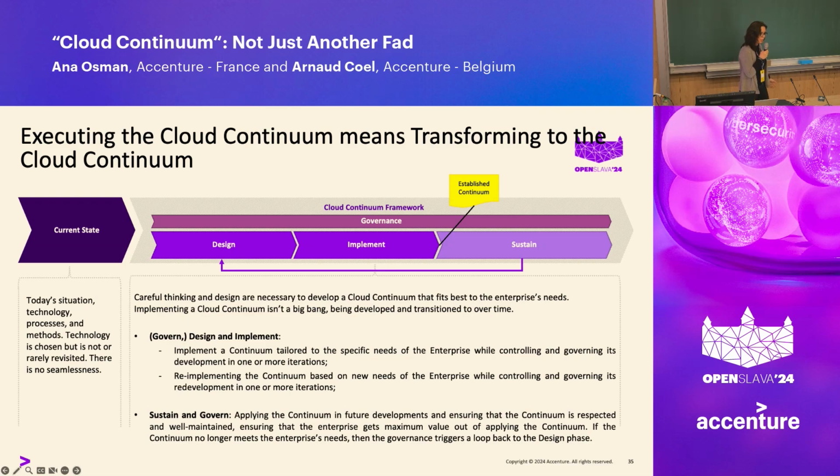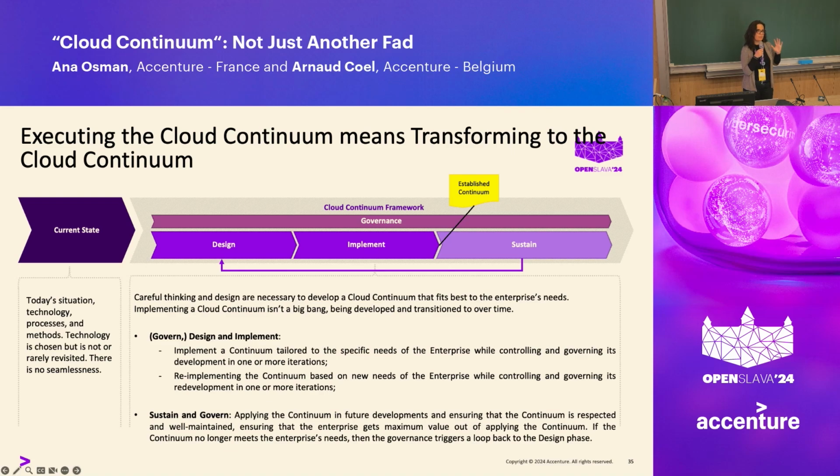So, how to execute Cloud Continuum? First of all, whenever we're starting a project of transforming to Cloud Continuum, we need first to have an image of the current state. Like, okay, where are we right now with your landscape?